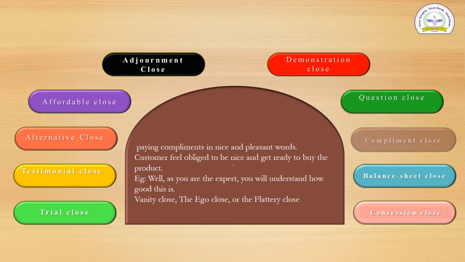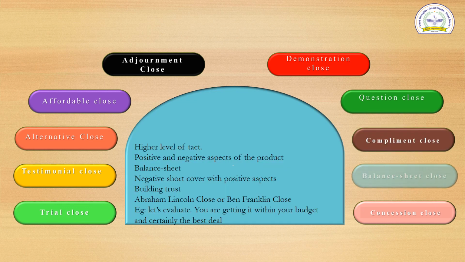After this complimentary clause, we'll look at the balance sheet clause. Senior salespersons use this method because it requires a high level of tact. The salesperson makes an objective presentation by enumerating the positive and negative aspects of the product.